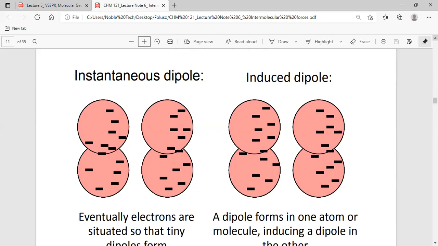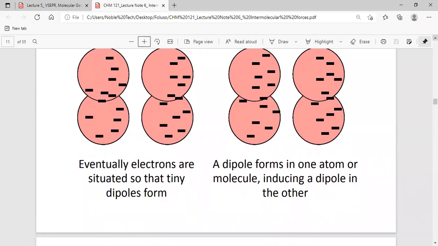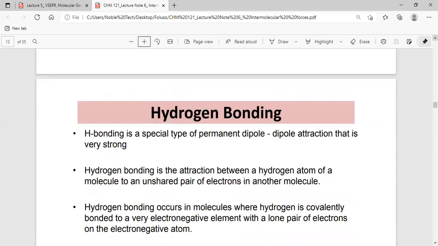So a dipole forms in one atom or molecule, inducing a dipole in the other, where the instantaneous dipole is from eventual electron movement, creating a tiny dipole.